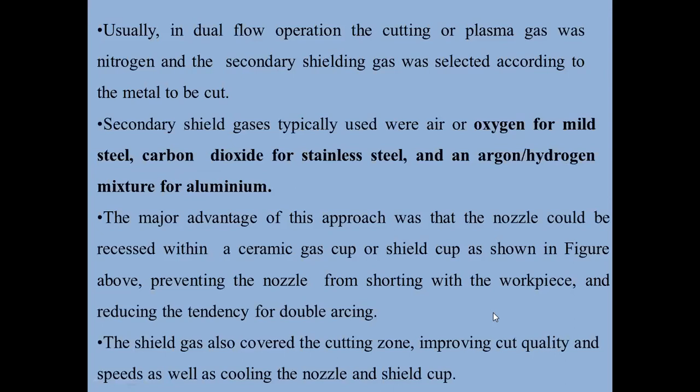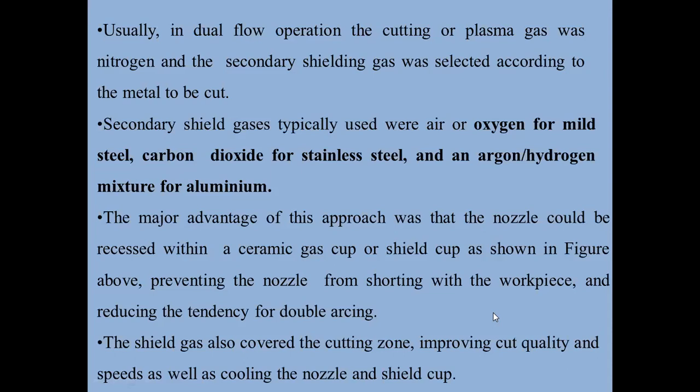Usually in dual flow operation, the cutting or plasma gas was nitrogen and the secondary shield gas was selected according to the metal to be cut. Secondary shield gas typically used were air or oxygen for different materials like mild steel, carbon dioxide for stainless steel. And coming to aluminum like materials, it was used argon or hydrogen mixtures.